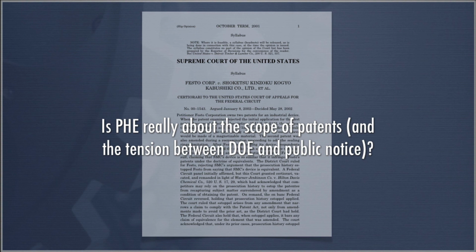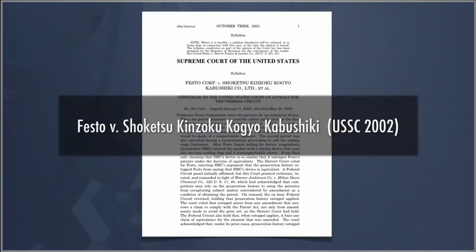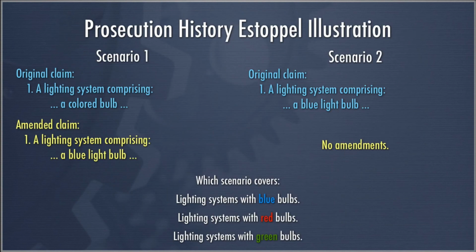It might be that prosecution history estoppel is about something quite different. And understanding this, I think, requires going back to our example, right? Which of these two scenarios is better from a public policy perspective? I would argue that scenario 2 is the better public policy. Why?